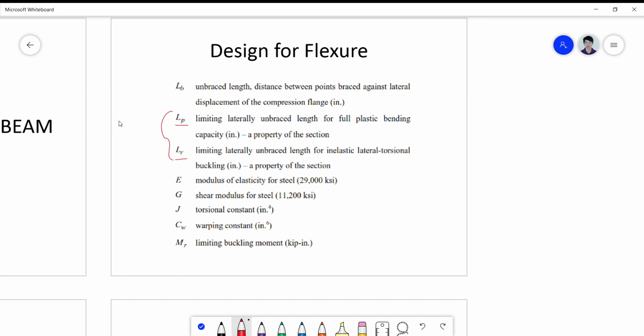These are sectional properties, which are the factors to be used in order to determine whether or not the beam will exhibit a lateral torsional buckling behavior.